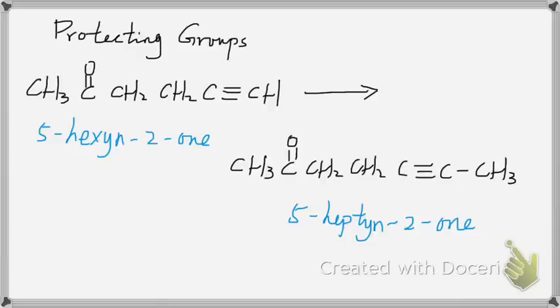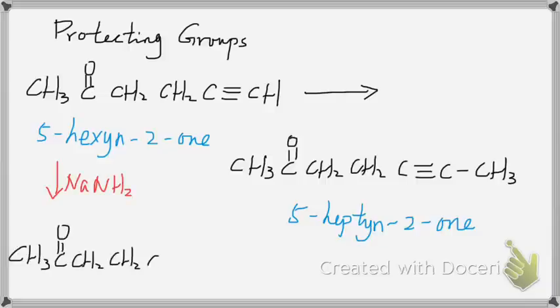And the strategy we use is to first convert the terminal alkyne to its anion. The hydrogen attached to the triple bond is acidic, so we can remove it to give the anion. Then we react the anion with an alkyl halide.